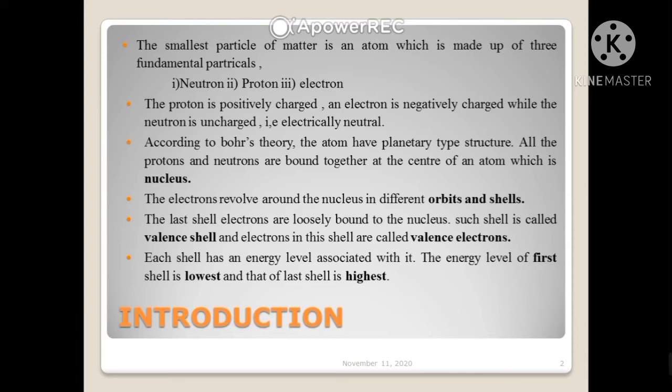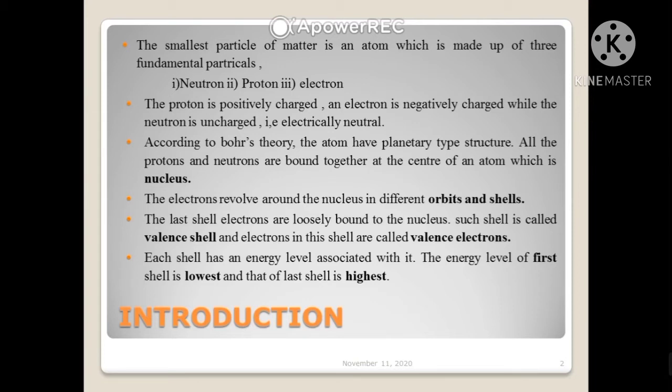The first shell will be closely bound to the nucleus, whereas the last shell is very loosely bound to the nucleus. The last shell or last electrons are called the valence shell or valence electrons.